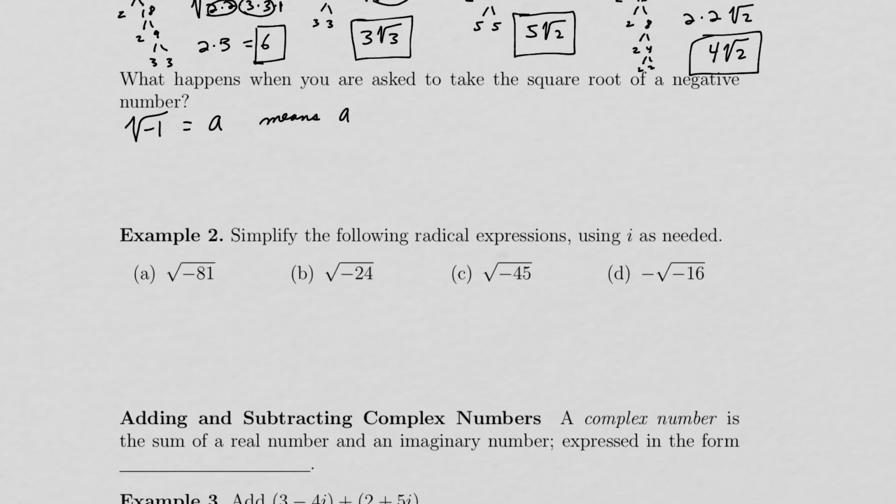So this means if I square a, whatever a is, I have to get -1 as my answer, right? So if a equals the square root of -1, that's equivalent to saying a squared equals -1. But there are no real numbers squared that equal -1.